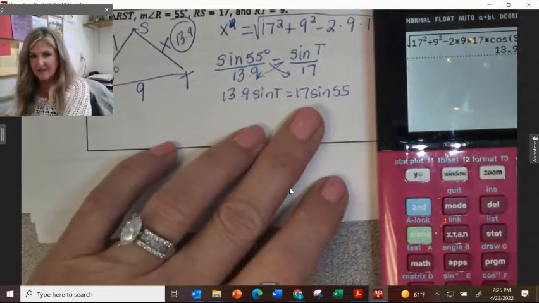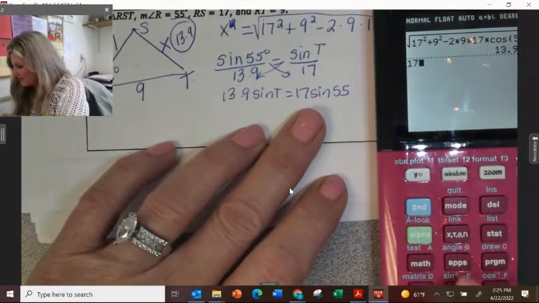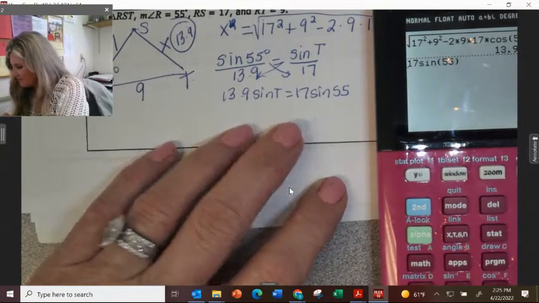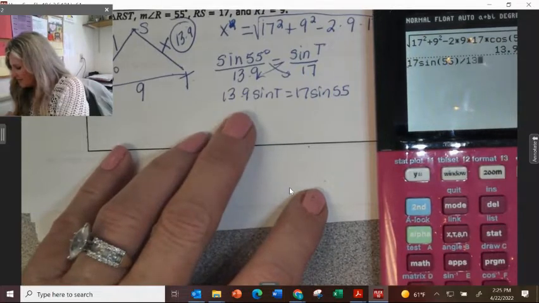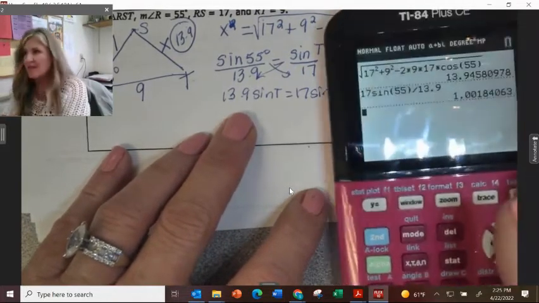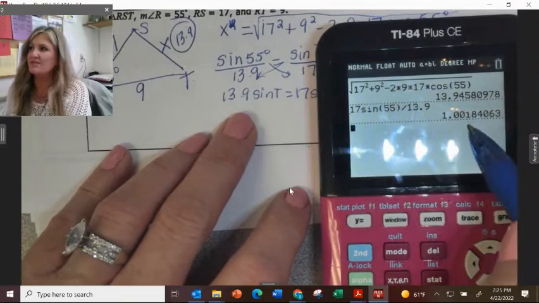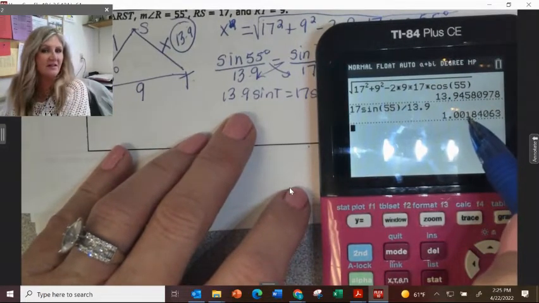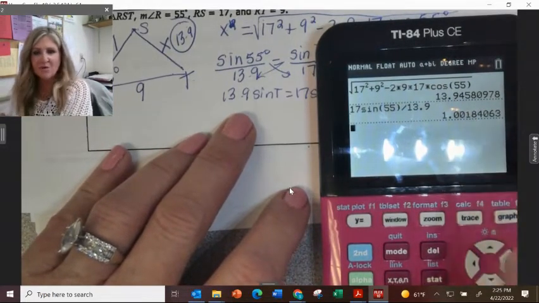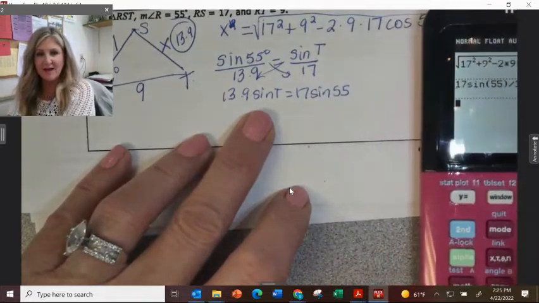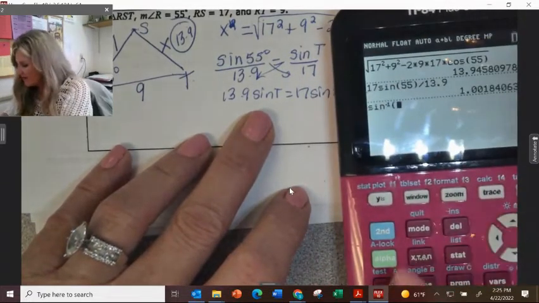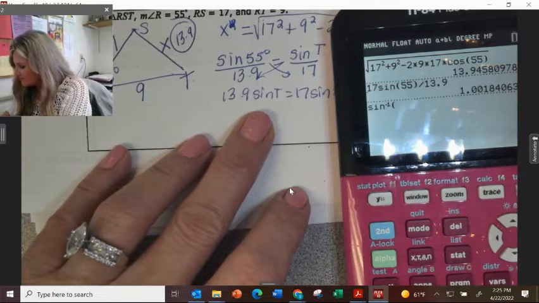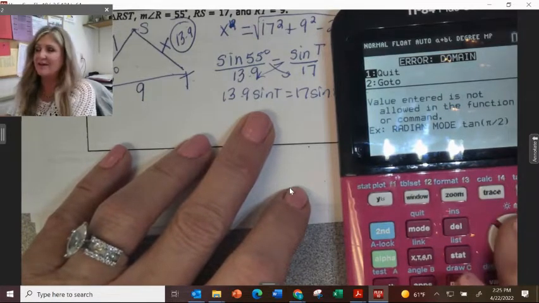So to type this in, I would do 17 sine 55 divided by 13.9. Now, what's wrong with this? It's over 1, isn't it? When I try to find the angle now, when I do second sine of that answer, it's going to give me an error message.